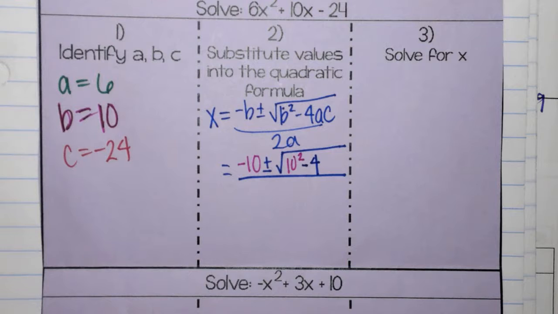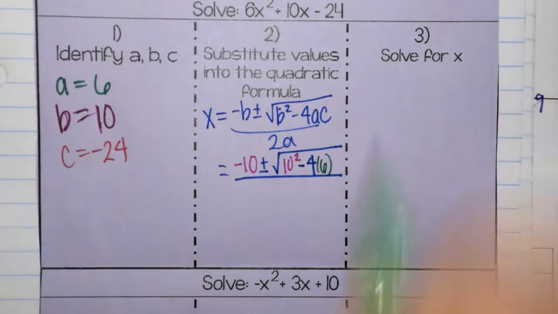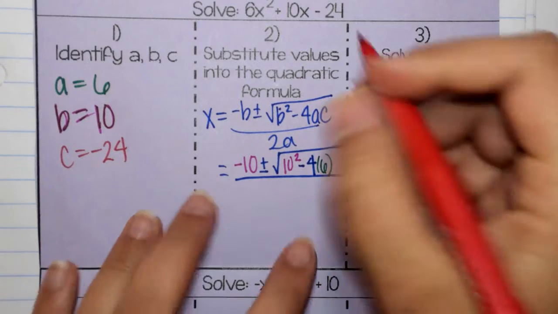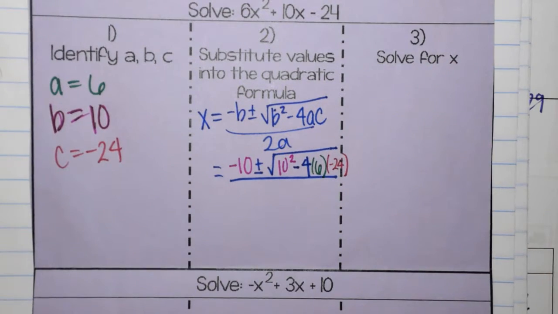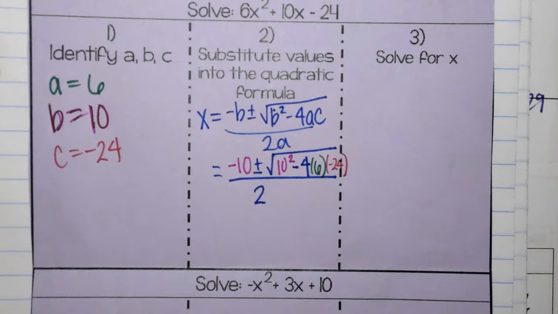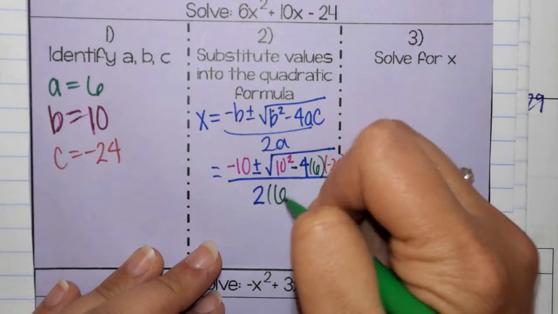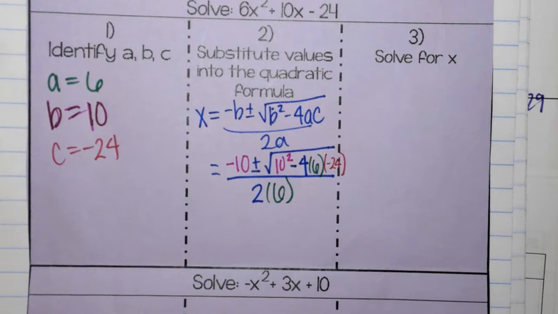What's A? 6. Multiplied by 6, and then multiplied by negative 24 because it's times C.